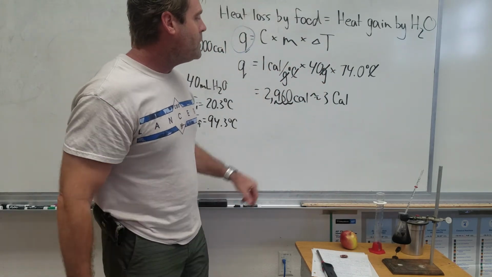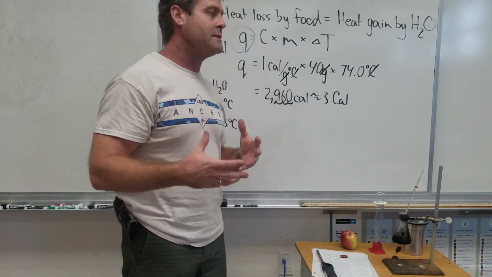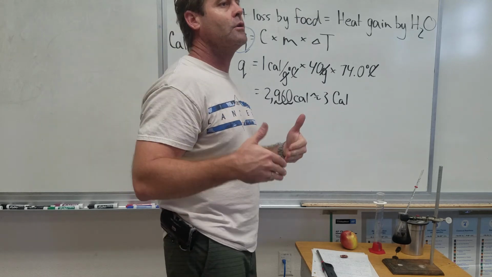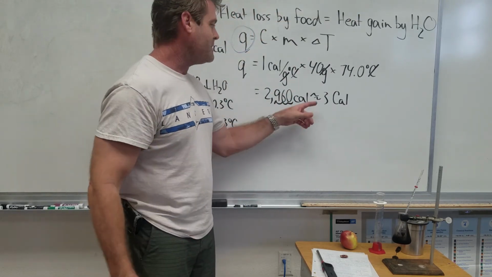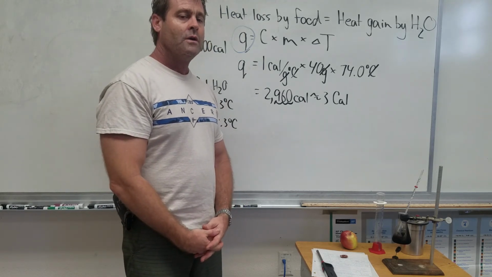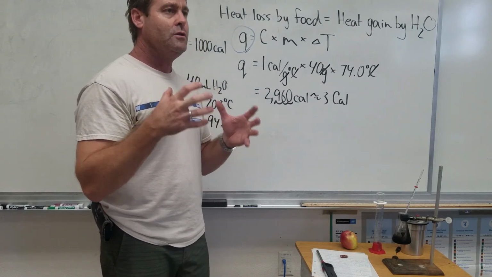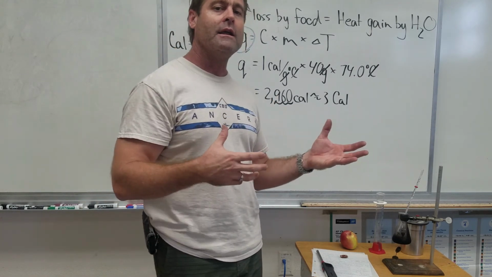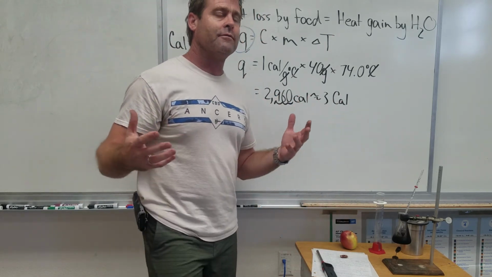So really, what would be more informative if you were to do this experiment and try to publish or communicate the information you gained to somebody else, rather than saying, oh, the pecan is 3 calories? Let's say somebody wanted to know, should they eat pecans or almonds if, for example, they're on a diet?